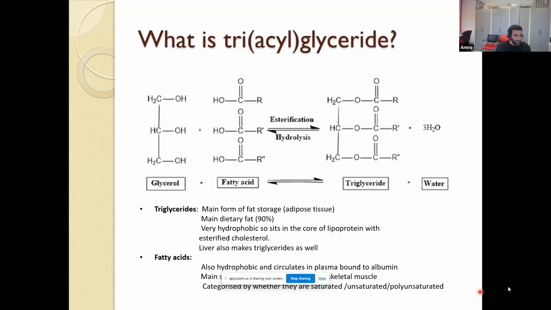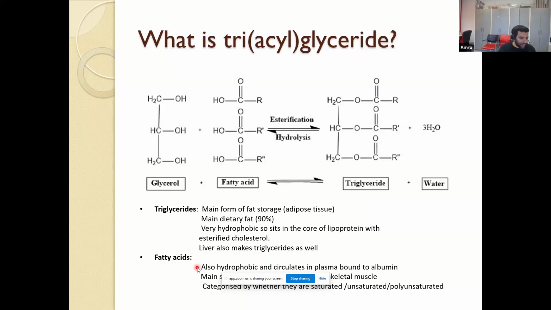What about fatty acids? As I've said before, you have to combine fatty acids and a glycerol backbone to get triglycerides. Fatty acids are sometimes known as free fatty acids, or non-esterified fatty acids, essentially the same thing.